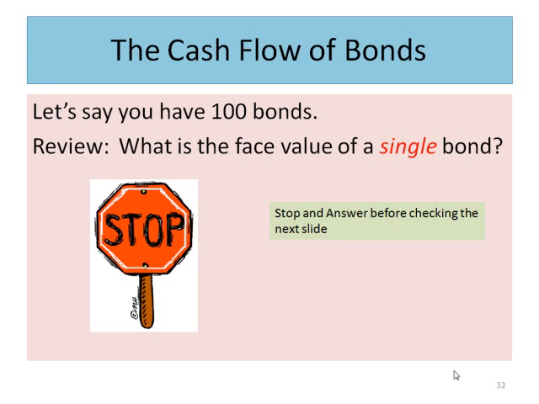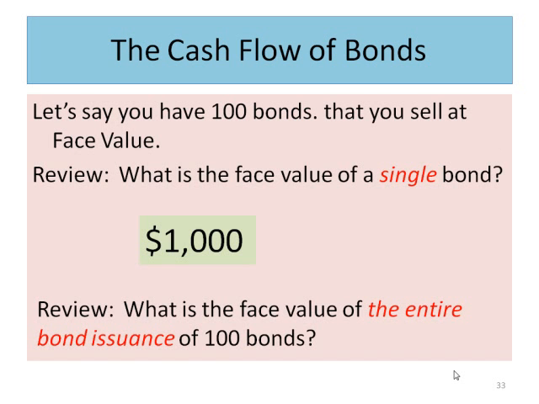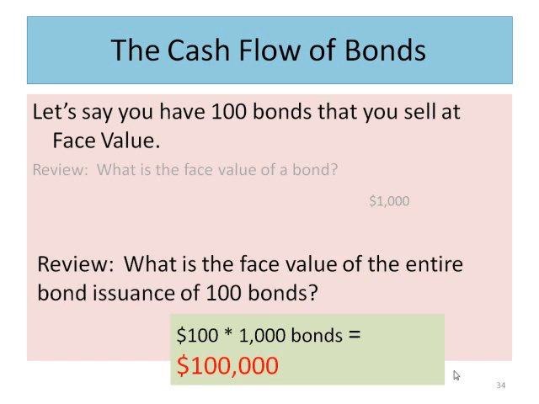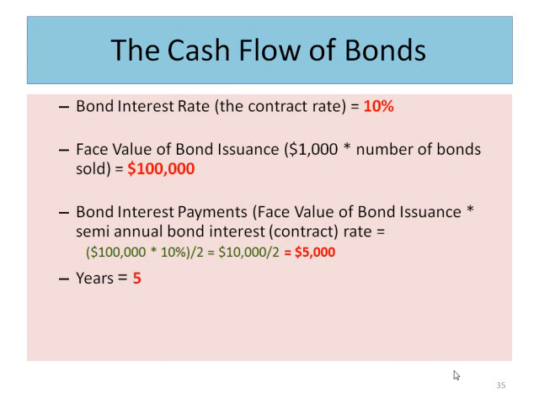Quick review, what's the face value of a single bond? Not the whole bond issuance, but a single bond. I hope you didn't have to calculate that. It's $1,000. What is the face value of the entire bond issuance? 100 times 1,000 is going to equal $100,000. So that's the face value of the bond issuance.